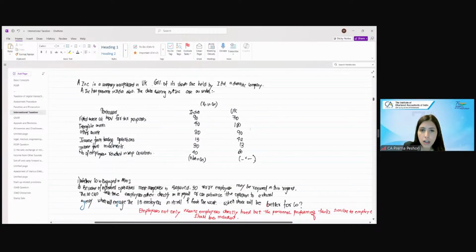This is India and this is UK. Intangible assets, other assets, income from trading operations, income from investments, number of employees resident in the respective country. Whether the company is engaged in active business outside India test. That's the first point which we have to answer. So yes, please start solving this question.